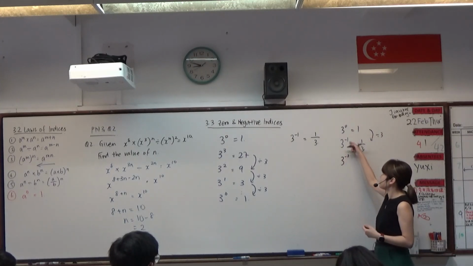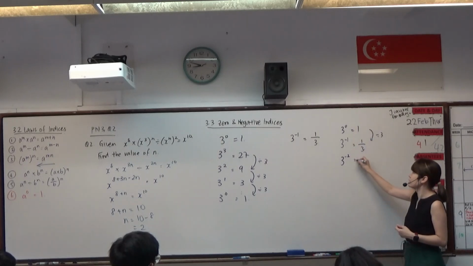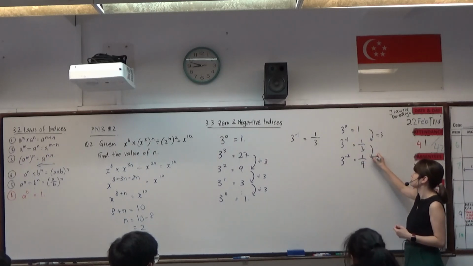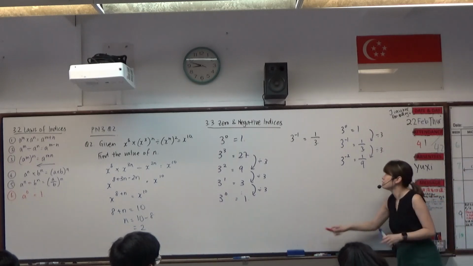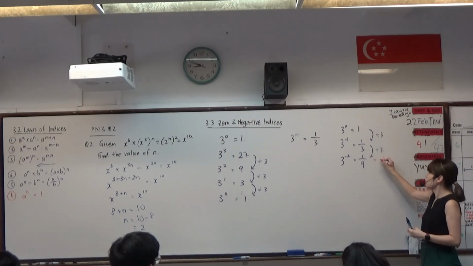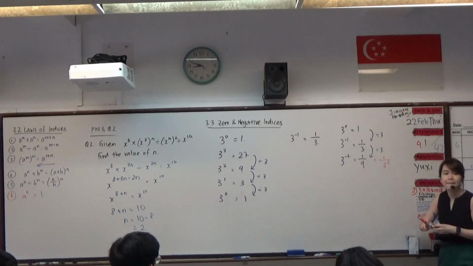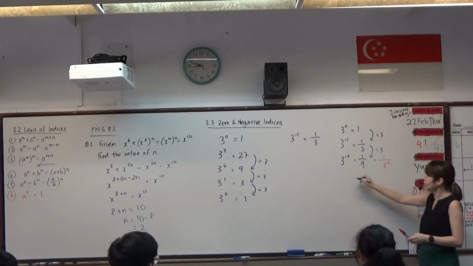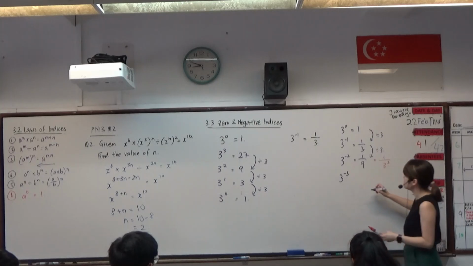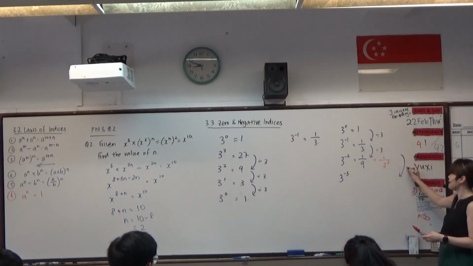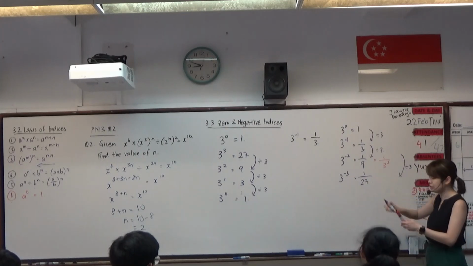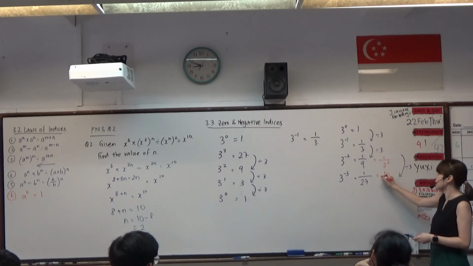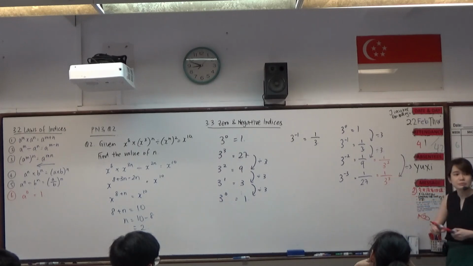If I decrease another time, it gives us 1 over 9, which is the same as 1 over 3 squared. Then 3 to the power negative 3, by the same pattern, I also divide by 3, and that gives me 1 over 27, which is equals to 1 over 3 cubed.